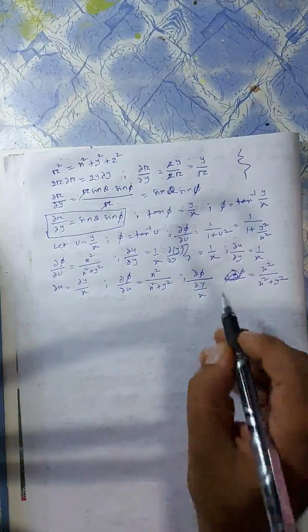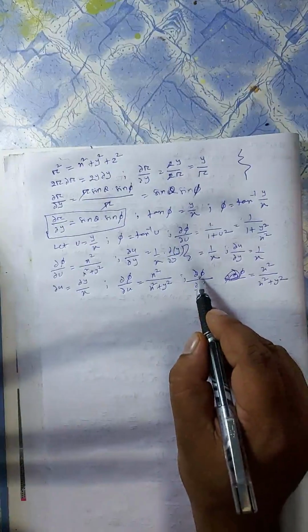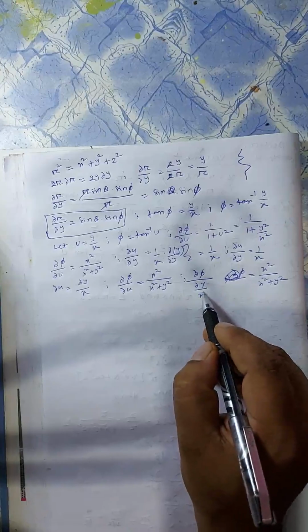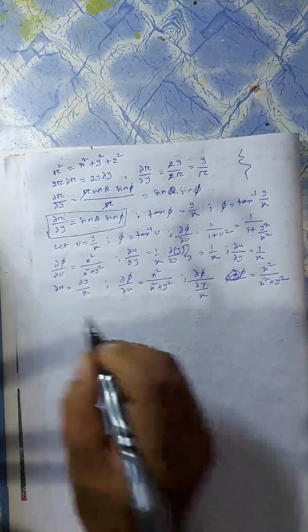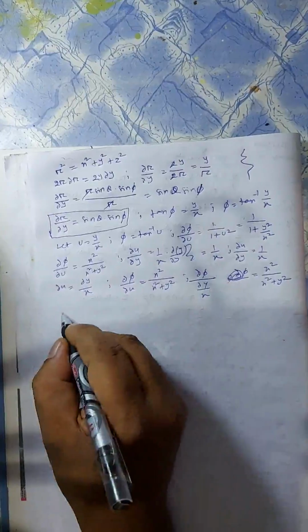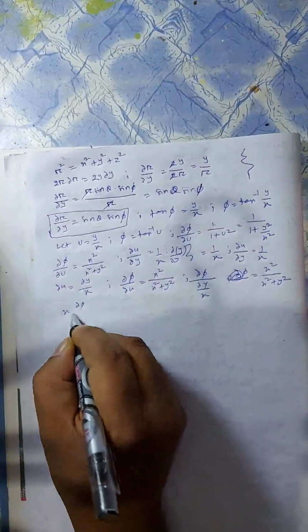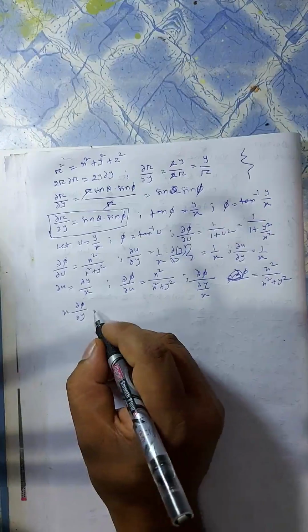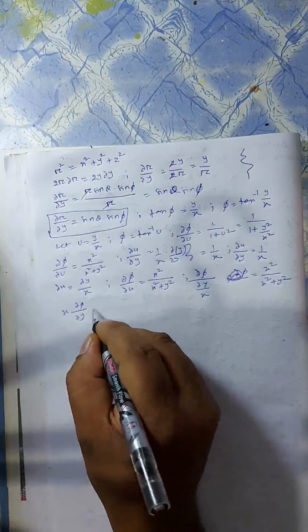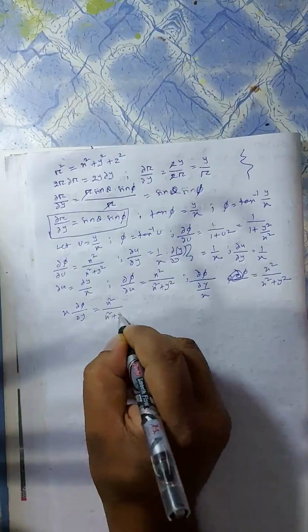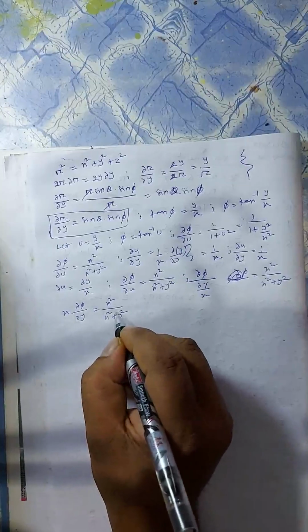Dou phi by dou y, this x will go up. So x dou phi by dou y is equal to x square divided by x square plus y square.